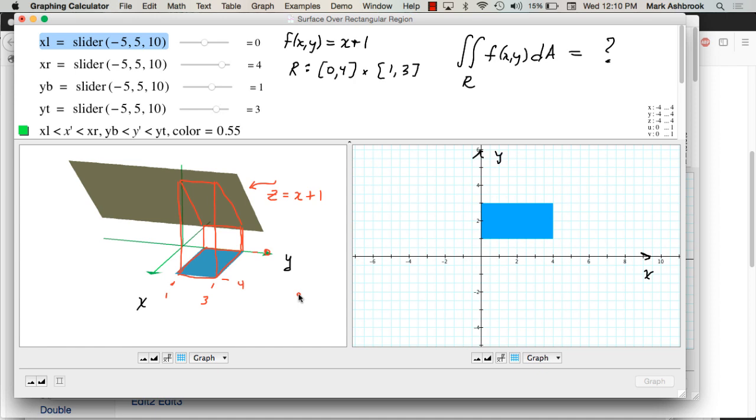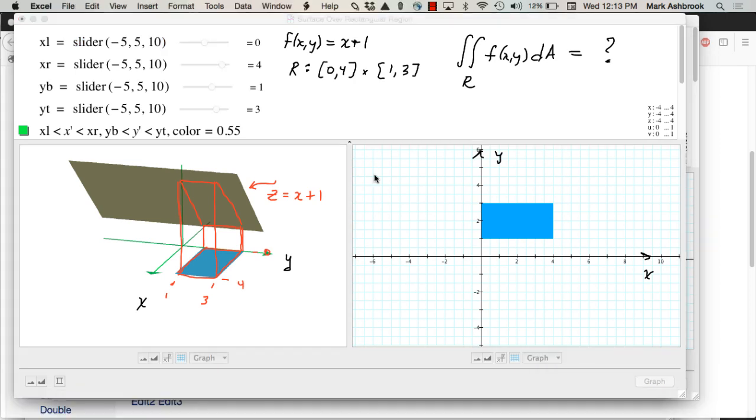Make it as easy as you can on yourself. Find the volume of that thing I outlined in red. Go. Let me give you a hint.